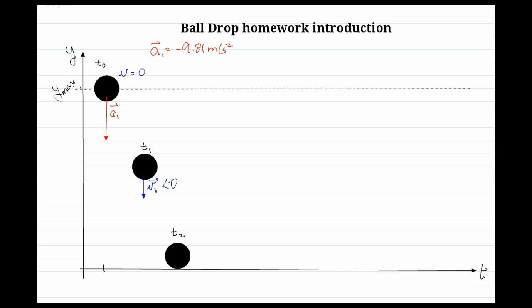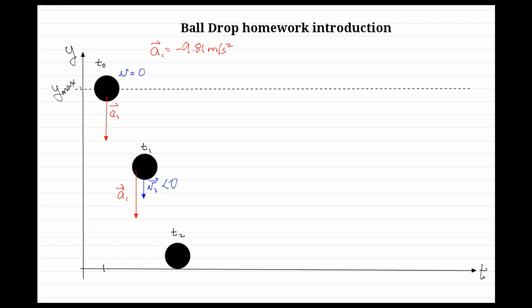Its velocity is in the negative y direction. And we also know that the acceleration is downwards too. In fact, it's the same acceleration we had at the previous time. So this is our acceleration, A1. It hasn't changed because the acceleration due to gravity remains constant near the surface of the Earth.